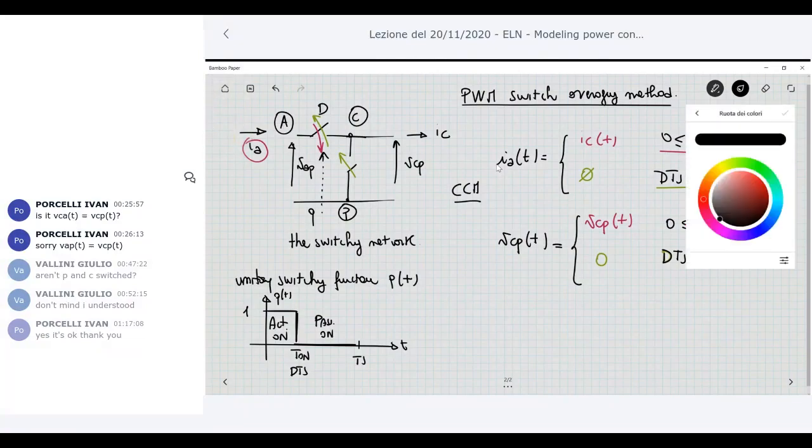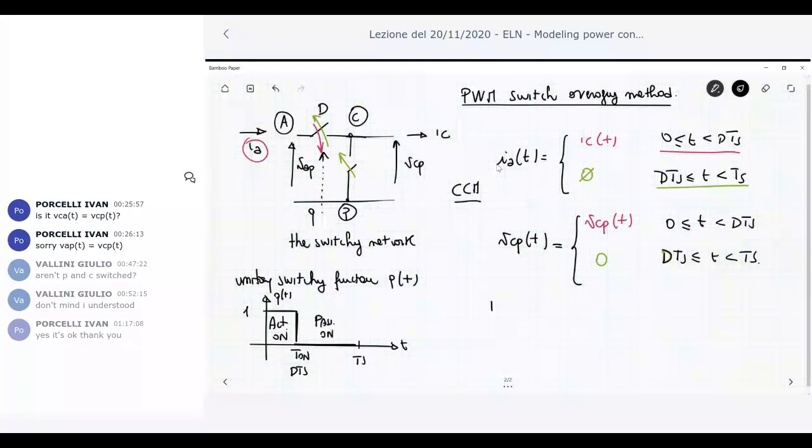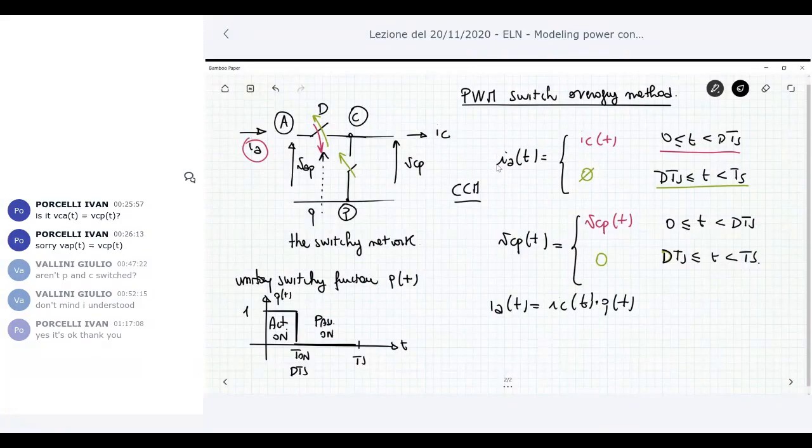So we can say that, for example, IA of t is simply written as IC(t) multiplied by Q(t). Okay? Since Q(t) is 1 during T on and is 0 during T off, this expression here is exactly the same as the expression that I gave you before.